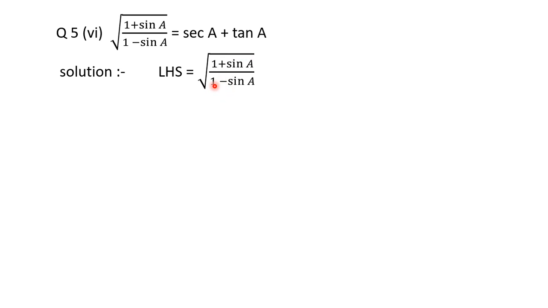Here the denominator is 1 minus sine a, so we multiply by 1 plus sine a, since the opposite of the negative sign is positive. We multiply and divide by 1 plus sine a.